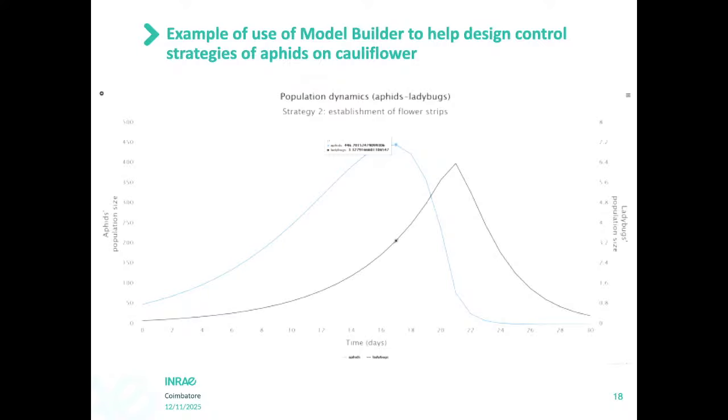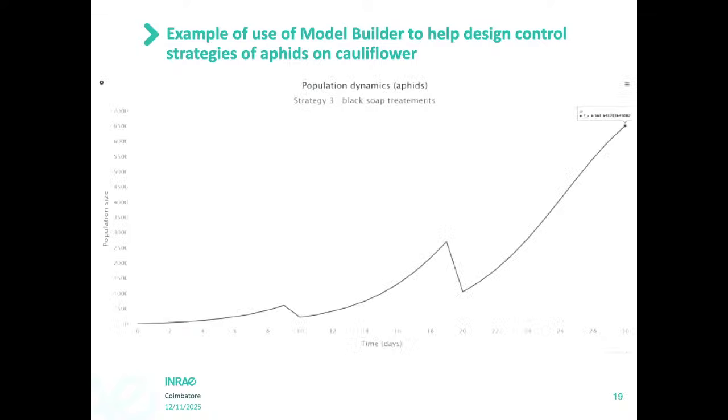So here you have in blue the aphid population, and in black the ladybug population. You can see dynamically that after day 22 we already control all the aphids in the field. So we can understand that by modeling.